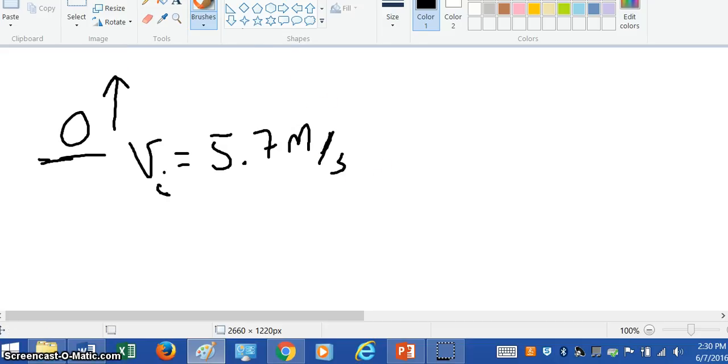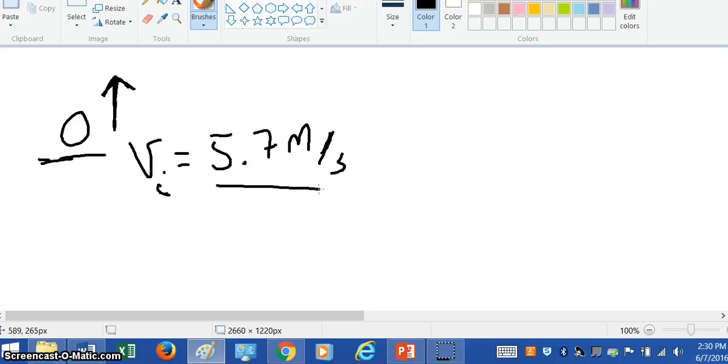So here's the example. This time we have a ball being projected upwards as indicated here. When you're projecting it up, let's say with your hand or the surface of some object, once it leaves whatever it's touching, let's say its initial velocity is 5.7 meters per second.